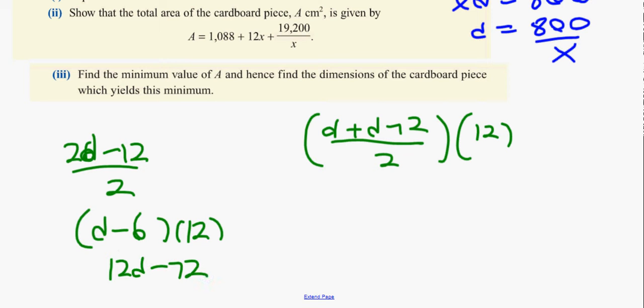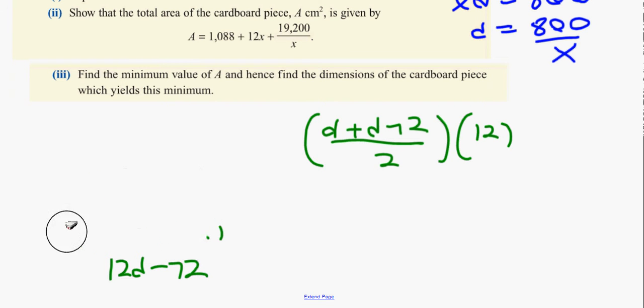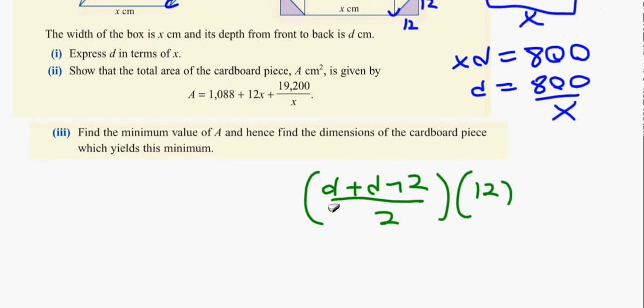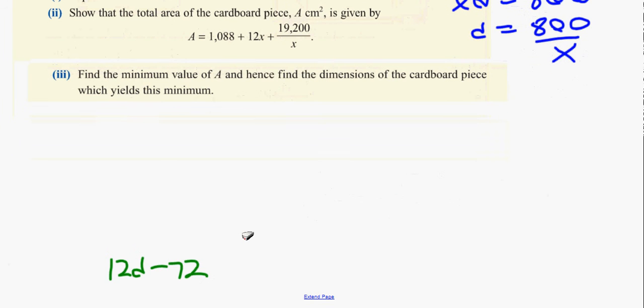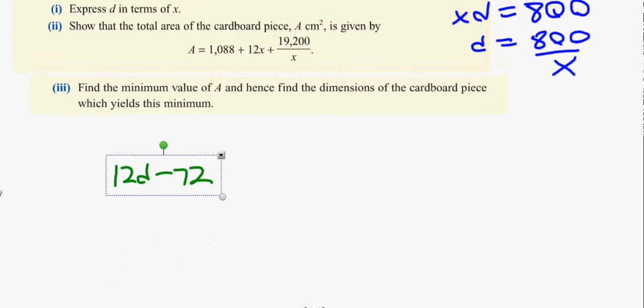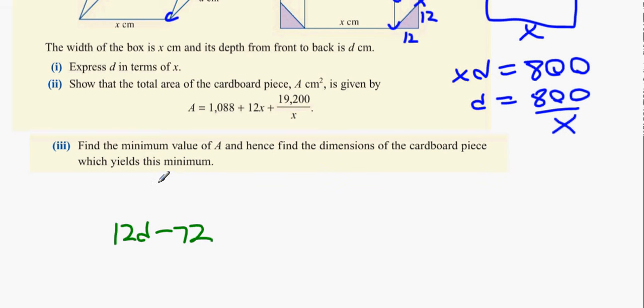Now once we have this 12D minus 72, we're going to find the total area. So we have 12D minus 72 for area 1, and area 2 is another 12D minus 72.